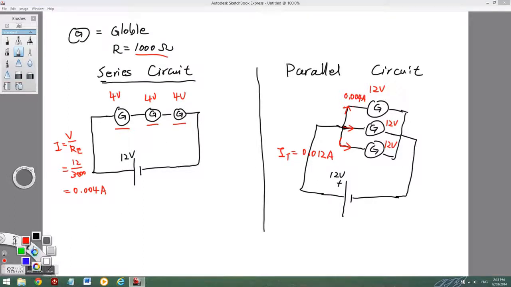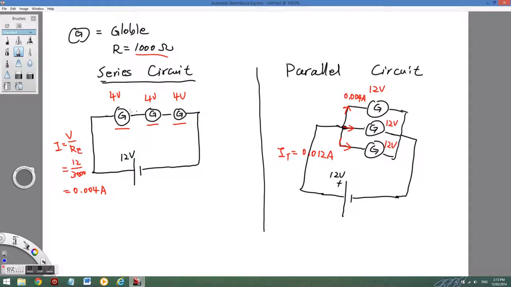So the globes in series, compared with those in parallel, will appear dimmer. Here in parallel it will be brighter.